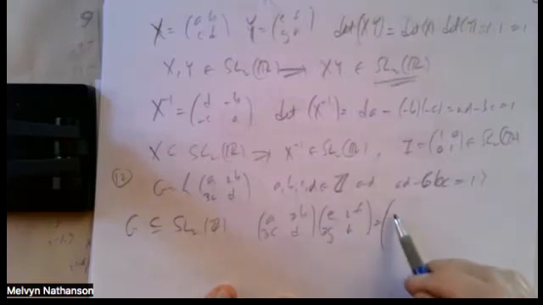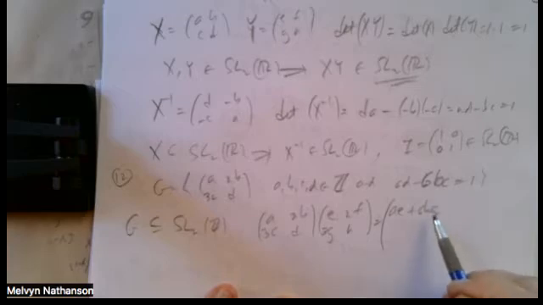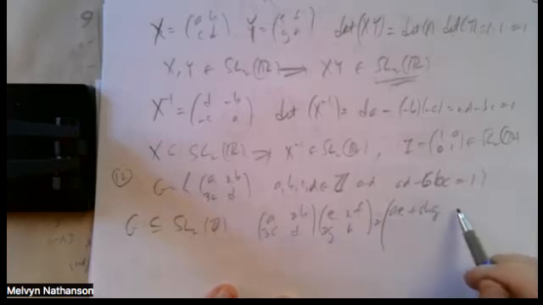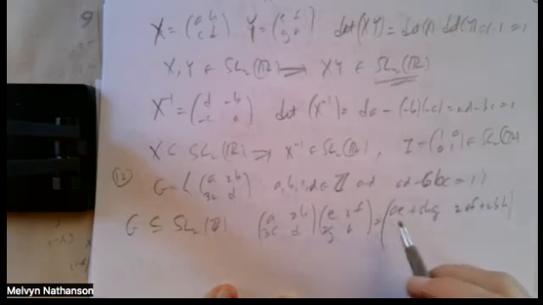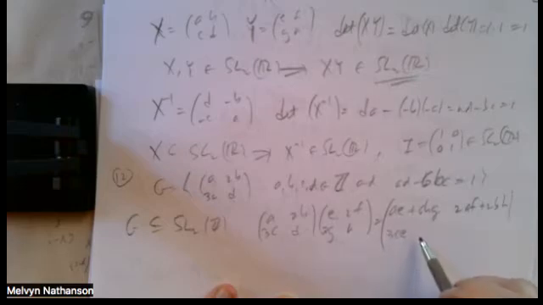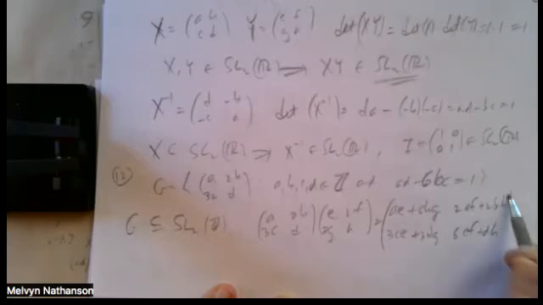I get AE plus 6BG, A times 2F plus 2 times BH, 3CE plus 3DG, and 6CF plus DH. I get this matrix.